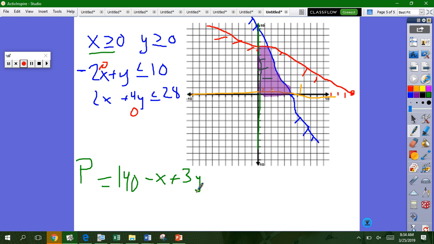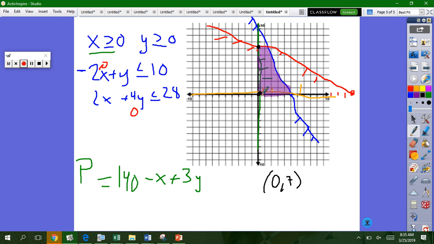So therefore, what a linear system of equations or linear programming does is it finds these intersections. So what's this intersection right here? What's that coordinate? 0, 7, right? That's one of our coordinates. Okay, then I want to find this intersection.